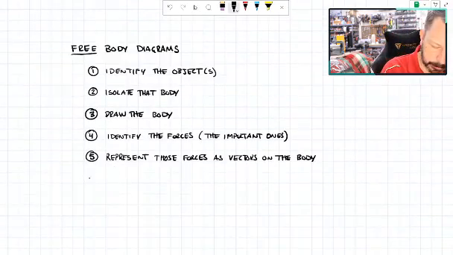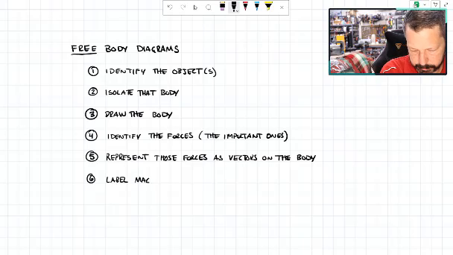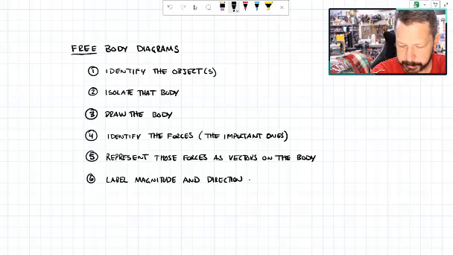Let's see, what would I do after that? After I've drawn the forces, I need to label them, and that includes their magnitude and direction. So magnitude and direction of those forces.